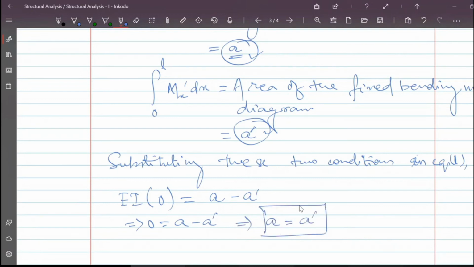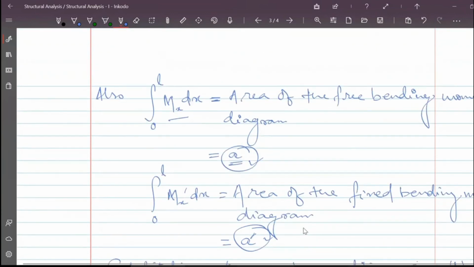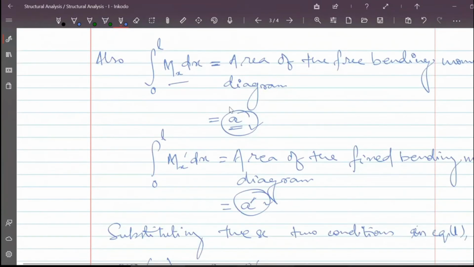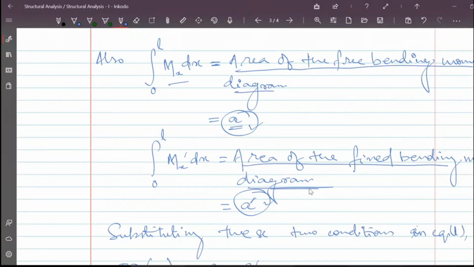Now, what does this mean? If A equals to A dash, it means that the area of the free bending moment diagram and the area of the fixed bending moment diagram are equal.